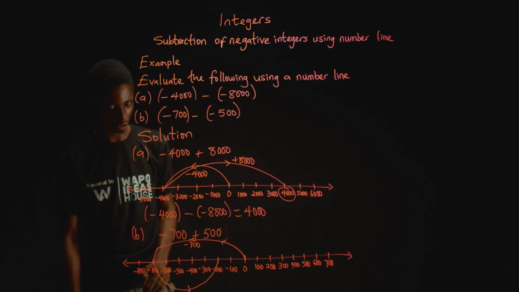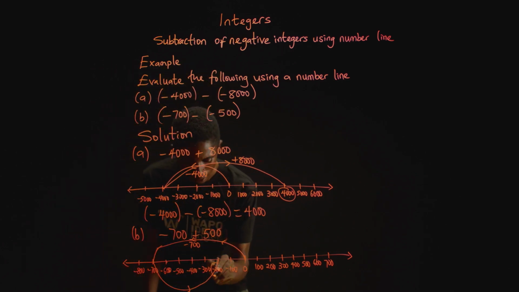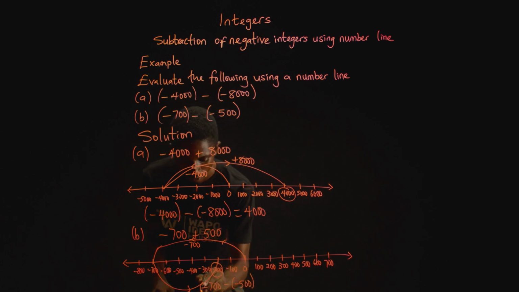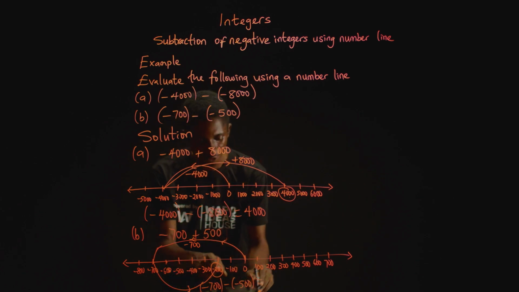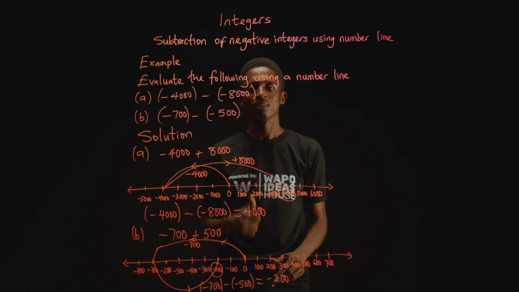Just show the direction. So we have moved from here to this point. This proves that minus 700 minus 500 will give minus 200. Thank you.